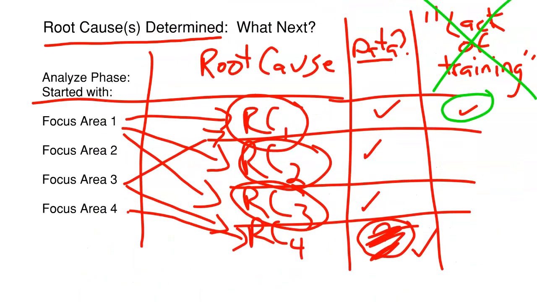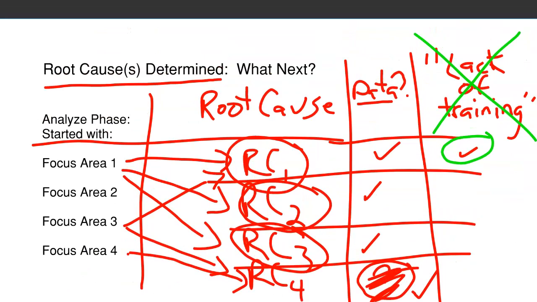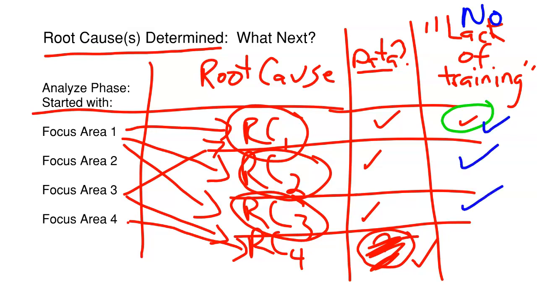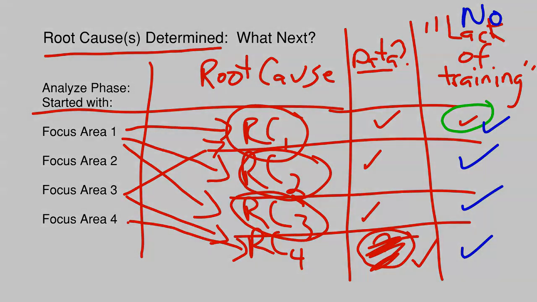And then I change my original grid so it's not a check for lack of training. Instead, it's now a check for no lack of training as a root cause. And assuming that none of them have lack of training as a root cause, and we have data for each one of them, we're ready to take those root causes onto the improve phase for solution development.